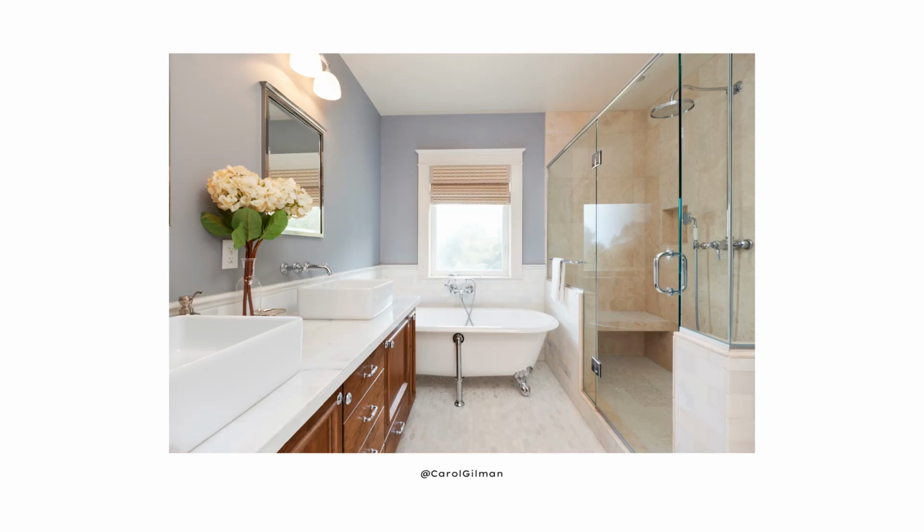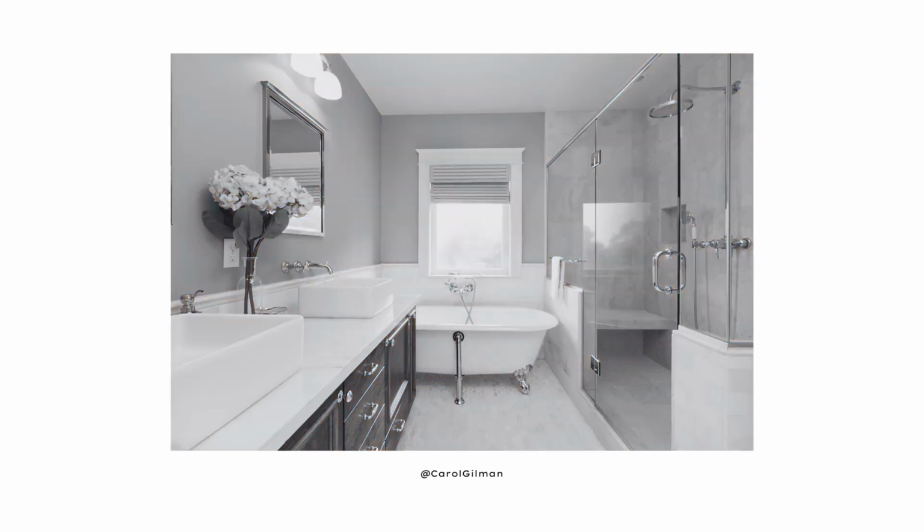And we may not see those subtle variations right away, but say if we were to gray out this photo, so we don't have any color, we're not thinking about color anymore, we can easily see, okay, the darkest part of that room is the cabinet, and then there's some midtone, lightness and darkness, and then the lightest part is easily seen from the countertop or the tub and sink.